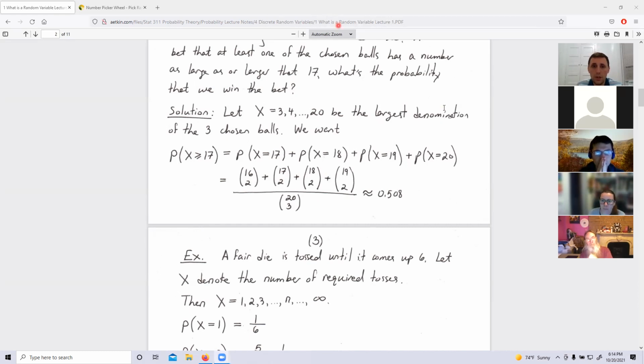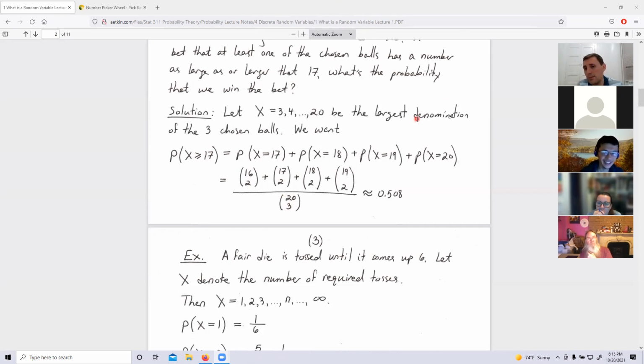Why choose 2? Okay, very simply, because 17 is the largest. It's already there. Guys, it's a Kafka protocol, you see? So 16 over 2 divided by 20 over 3. The question is already one that we solved many times. It's Kafka protocol. The denominator tells us all the possible universes. There are 20 choose 3 universes, right?